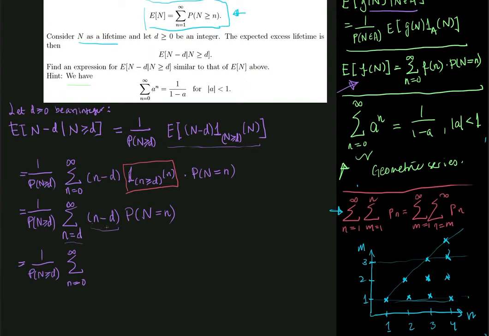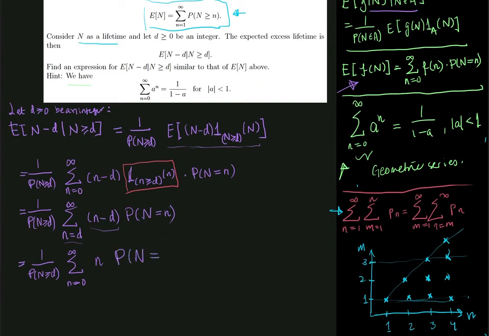So if I want to change the index from starting in d to starting in 0, I still need to make sure that the first term is 0, the second term is 1 for this part. So this is just equal to n. It corresponds to the fact that since I'm starting in a value that is d less than before, I no longer need to subtract the d up here.